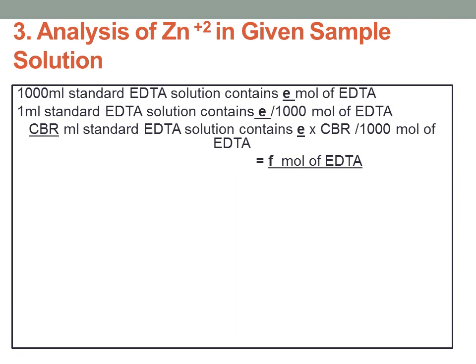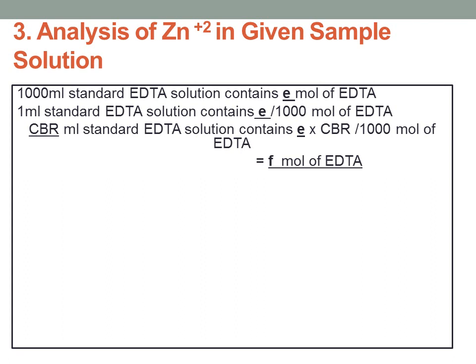After that, CBR means concordant burette reading that you got during the analysis of zinc plus 2. You will put that concordant burette reading here, and then you will calculate the mole of EDTA in the volume that was consumed against the sample solution.